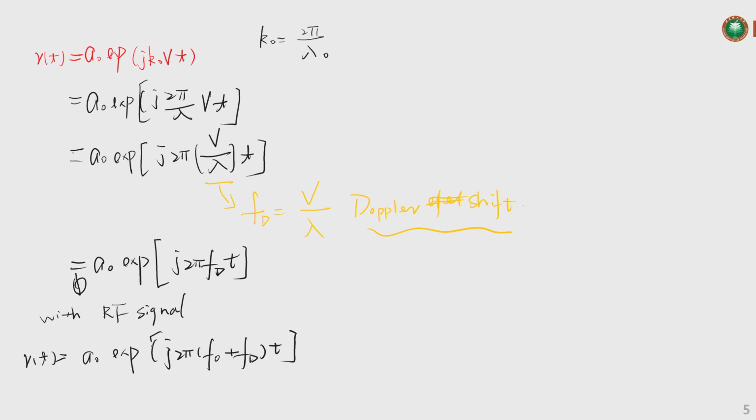So this is a standard expression for the signal or the electromagnetic wave due to the presence of the Doppler shift.